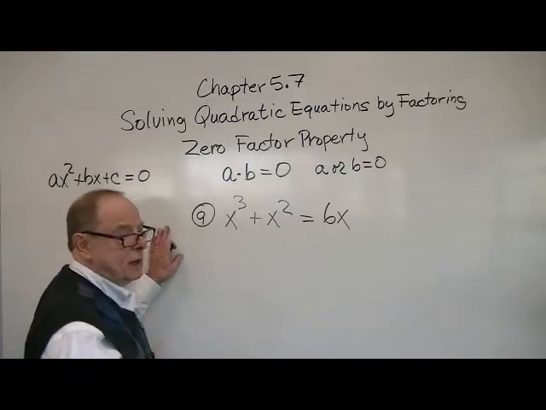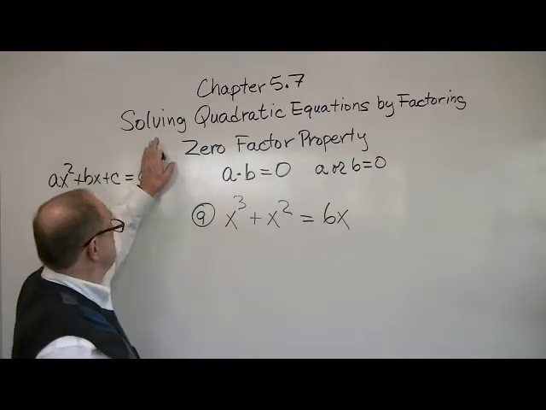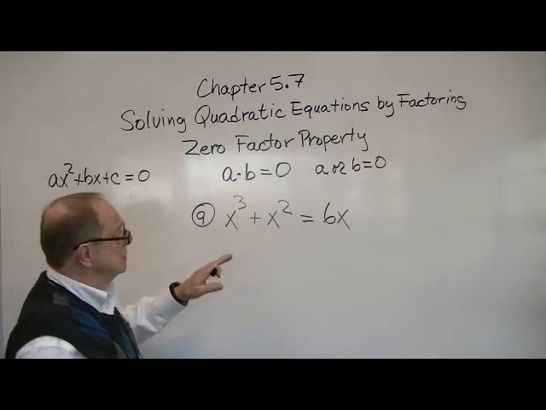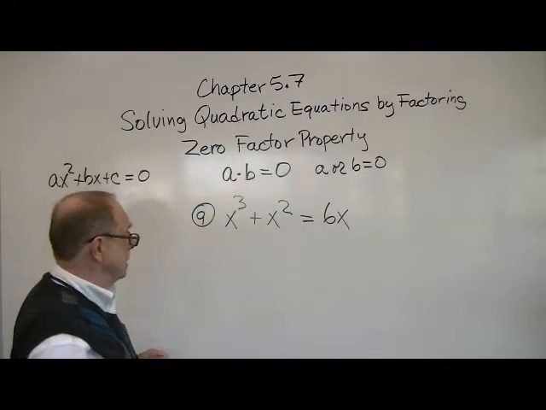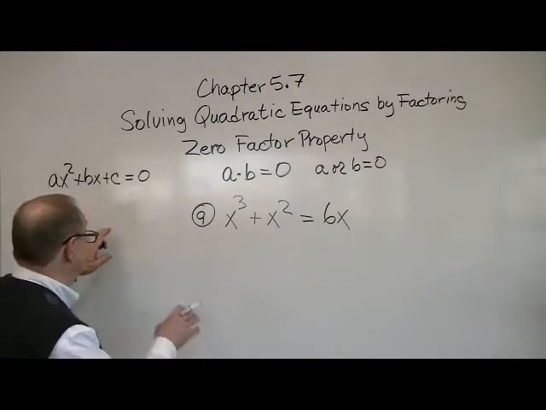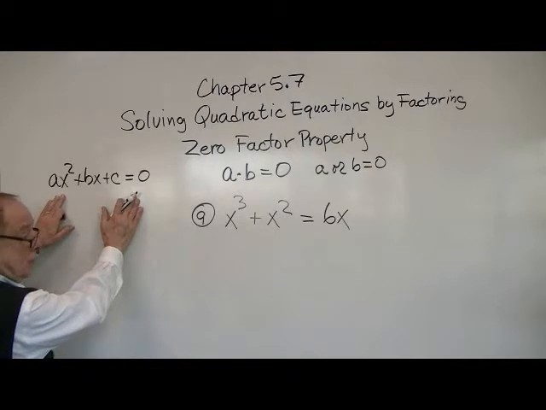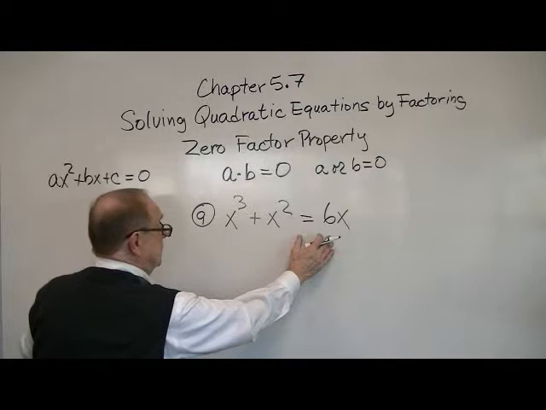Okay, again, we're trying to show you a variety of different techniques, but all based towards solving quadratic equations by factoring using the zero factor property. And step 1 is always put it in standard form. So this is not in standard form.